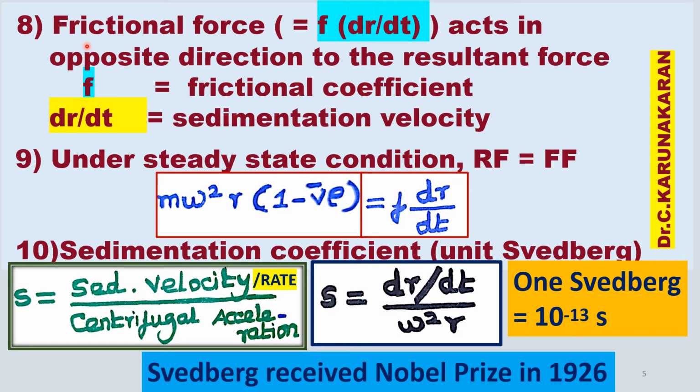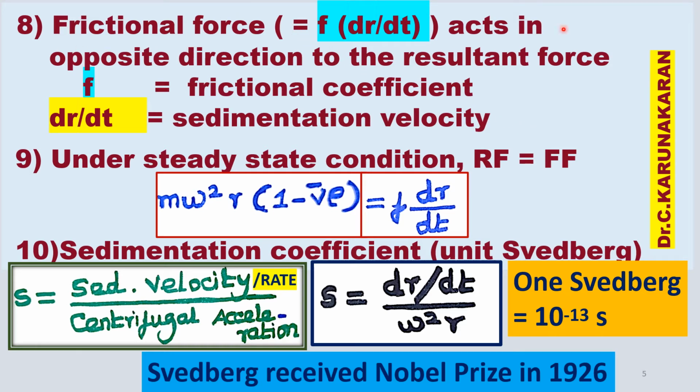There is always a frictional force when there is a movement of the molecule, because you have solvent molecules and you have polymer macromolecules moving in opposite directions. The polymer molecule is moving down, the solvent molecule is moving up.